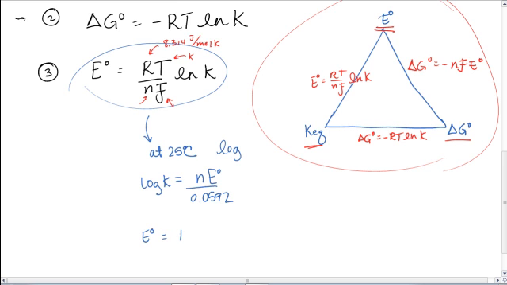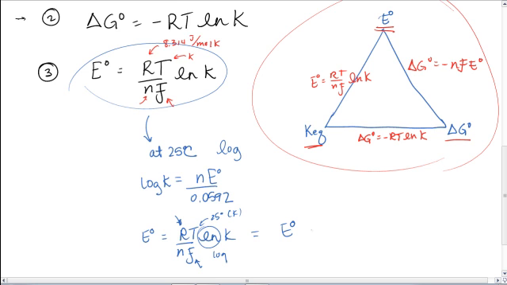If you take this equation and you plug in 25 degrees in Kelvin, so 298 Kelvin here, you plug in the 8.314 and you plug in Faraday's constant and you convert the natural log into a log base 10, that ends up being this 0.0592.